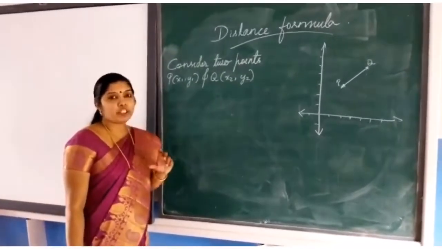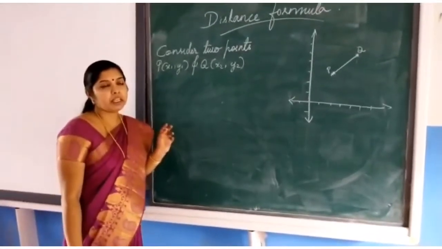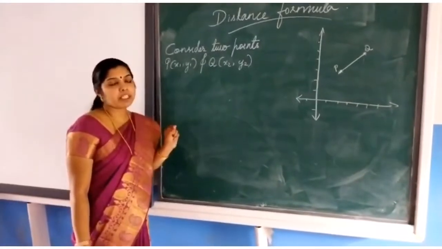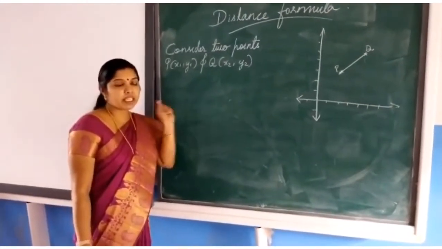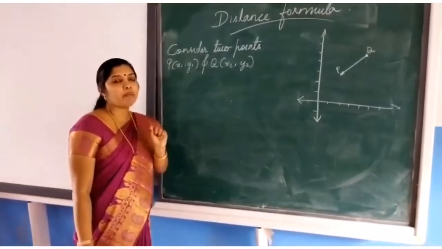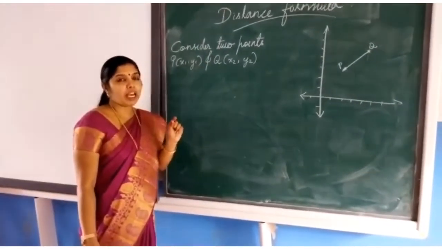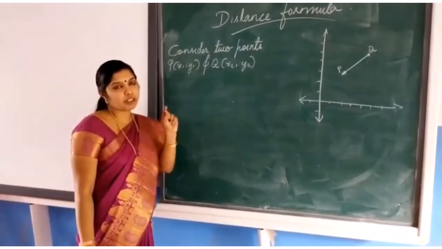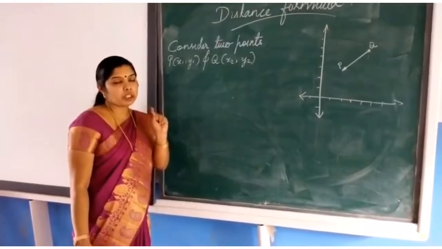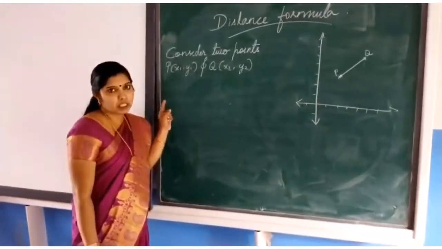In short, in an XY plane we describe a point as an ordered pair (x, y), where x, the abscissa, shows the x coordinate and y, the ordinate, shows the y coordinate. Now we are moving to the distance formula.